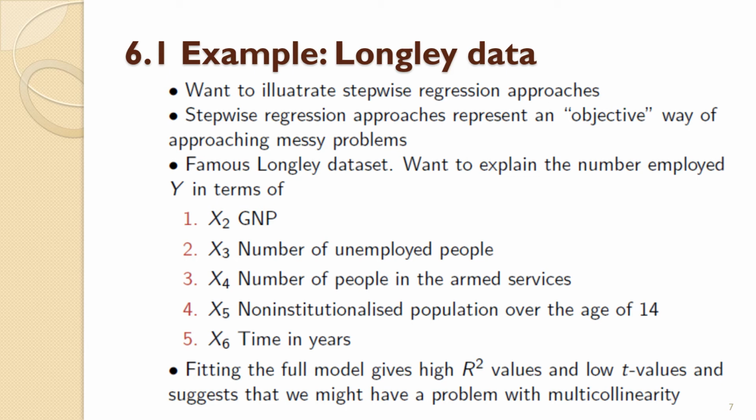This makes sense from the wider context because you naturally expect that there are going to be interrelationships between these different x variables, so a certain amount of redundancy in the model, hard to isolate the individual impact of these x variables upon the y variable. And the idea is that if you use a stepwise regression approach, it's methodical and relatively objective.